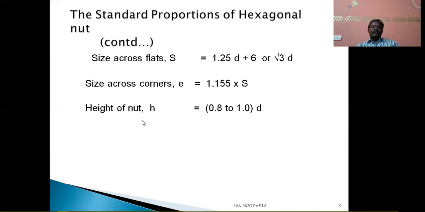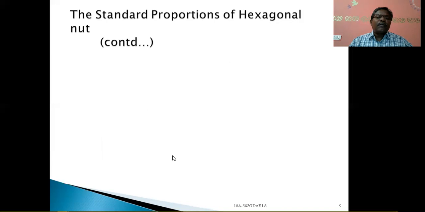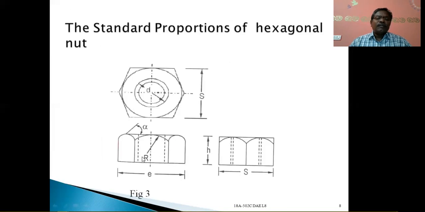Next is the height of the nut, as we have discussed in the previous part, and this will be 0.8 to 1D. And generally the chamfer angle will always be 30 degrees only. And the radius of the chamfer arc, here you can see this is the radius of the chamfer arc, and this is the angle alpha.